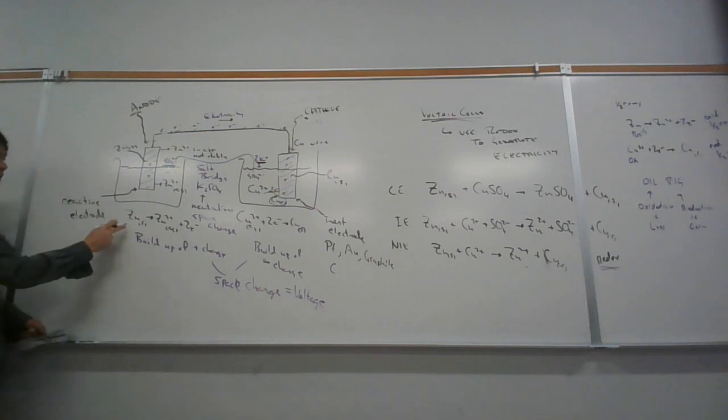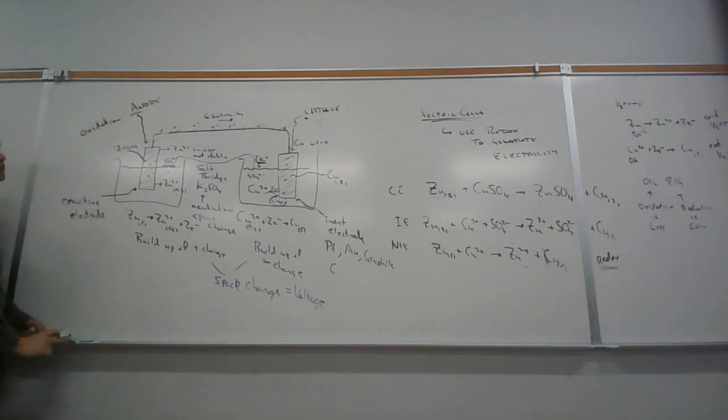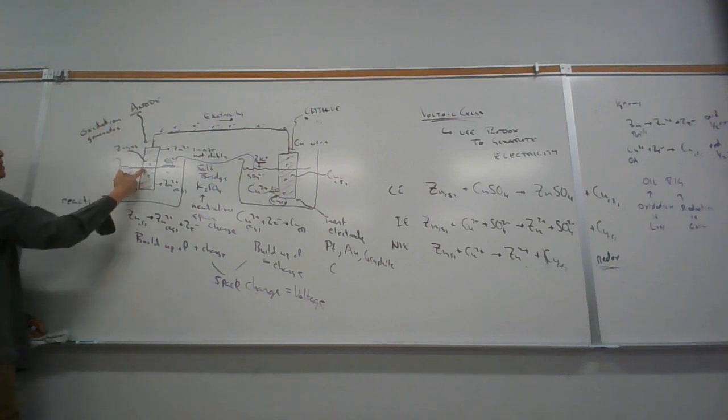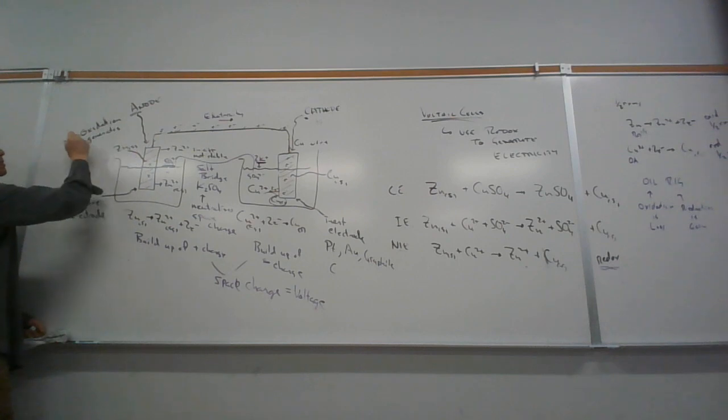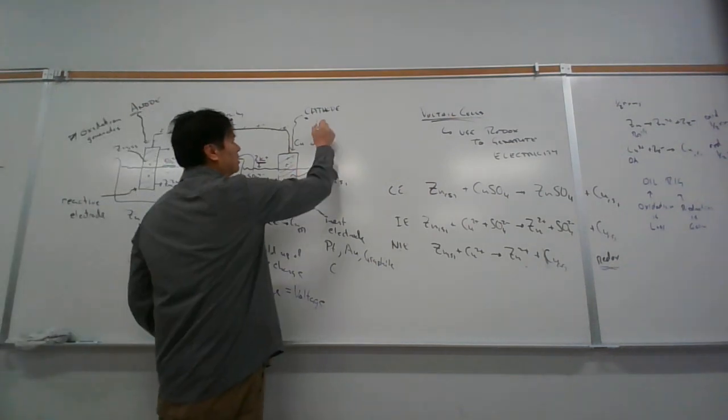At the anode, we have oxidation. Oxidation always occurs at the anode. Oxidation, we generate electrons. And so at the anode, we generate the electrons because that's where oxidation occurs. At the cathode, we consume the electrons.